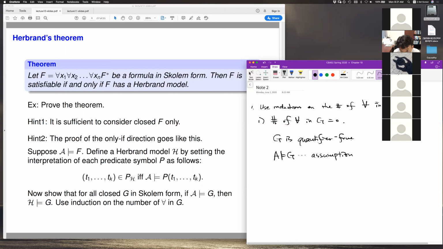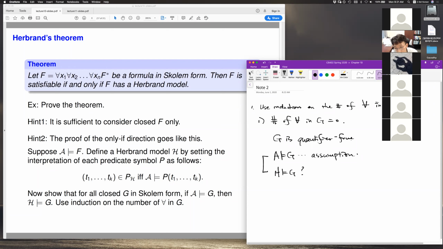Now we compare checking whether A satisfies G, according to the semantics, with the definition of our H. This is what we have to prove. But if you follow the inductive definition for both sides, they will proceed exactly the same.